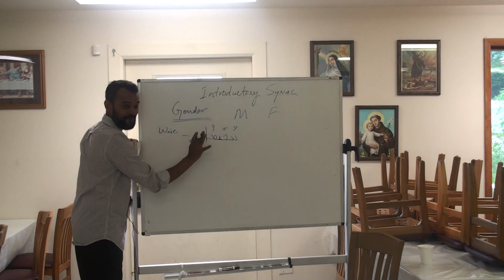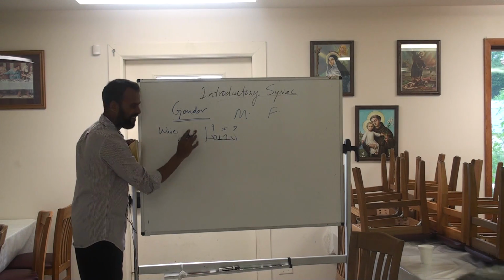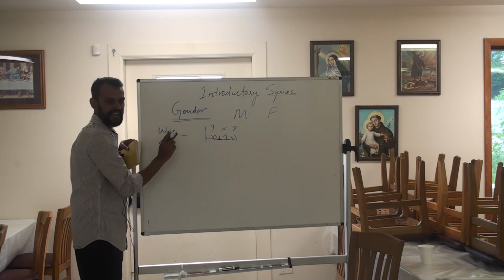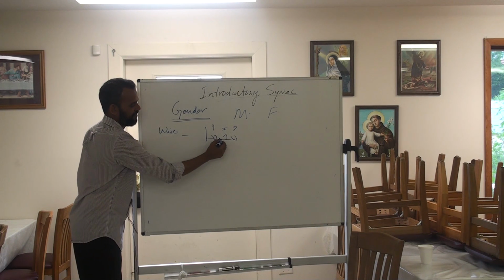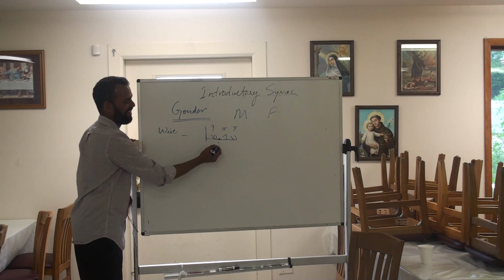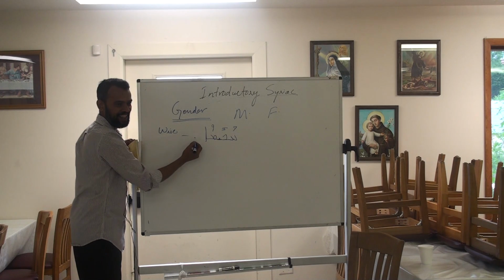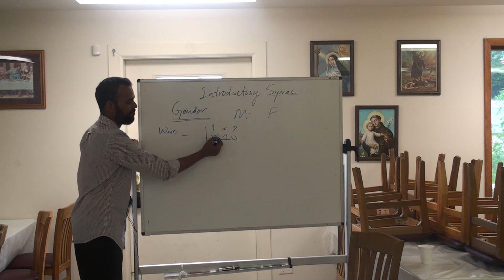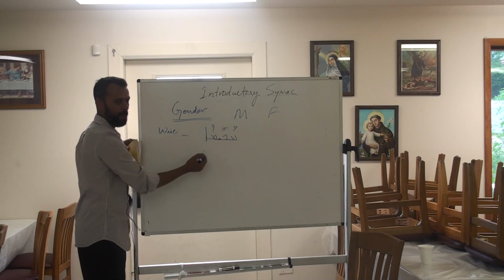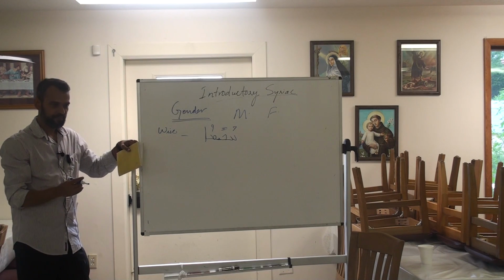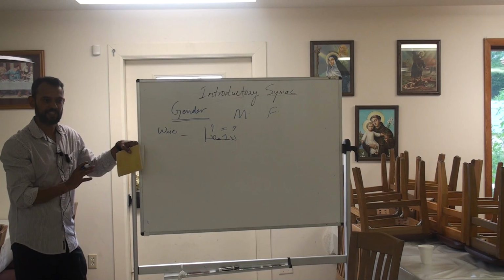So be careful while you write ya and na. Ya is just a small mark and na will go up till the height of other alphabets. Okay, so this is hakimo. Hakimo means a wise person.